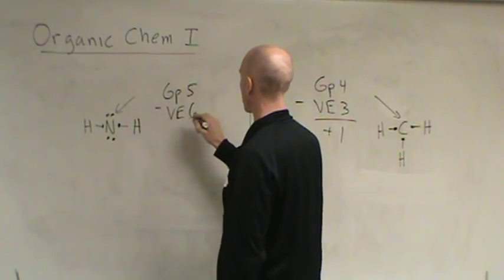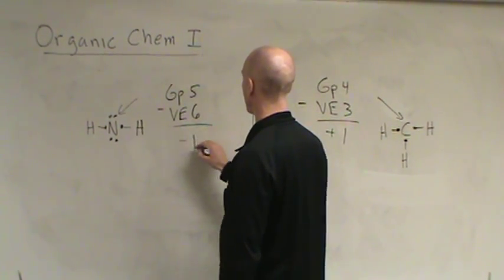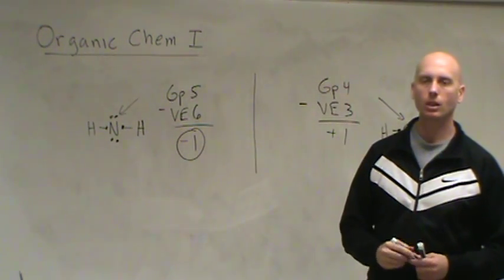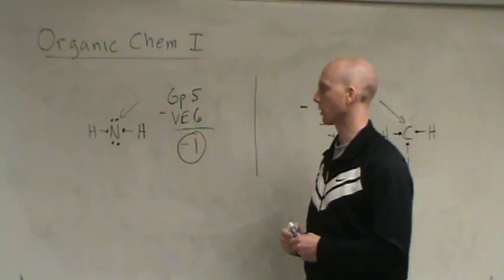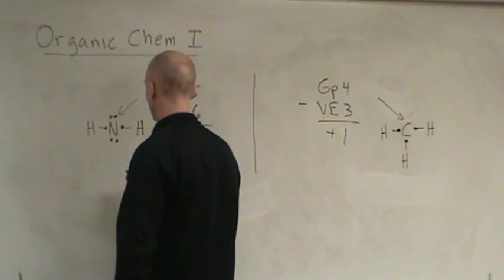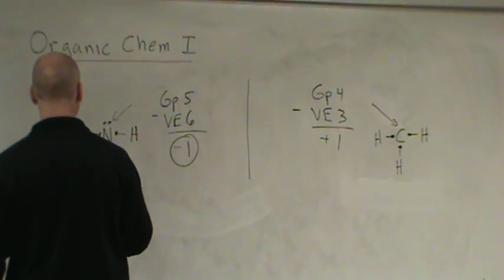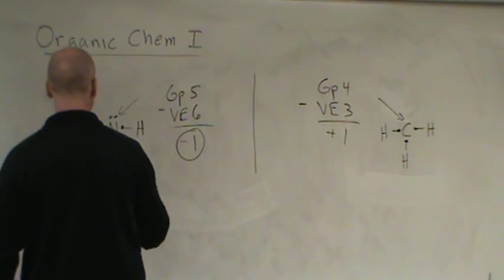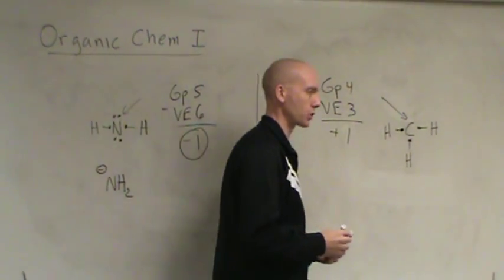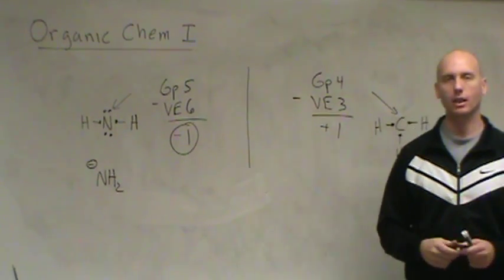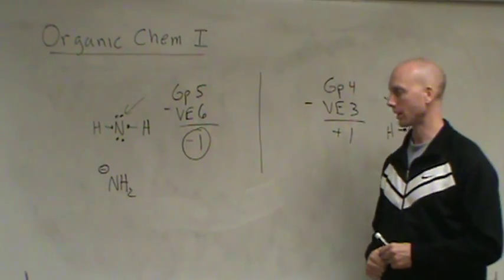So if I subtract 6 from 5, I get a -1. So here, nitrogen would have a formal charge of -1. That's why if you ever see NH2, it'll always be included with a negative charge.